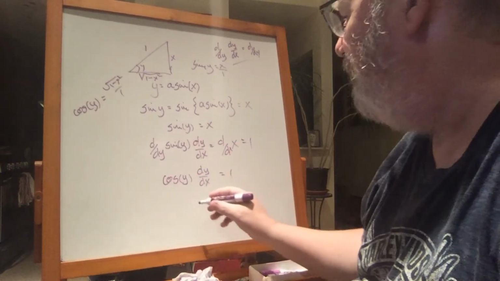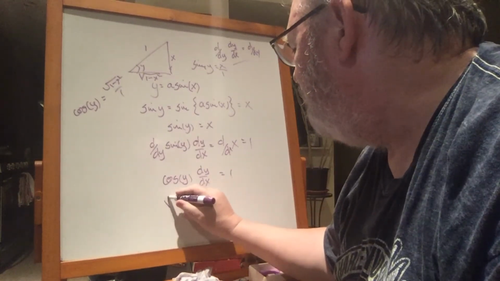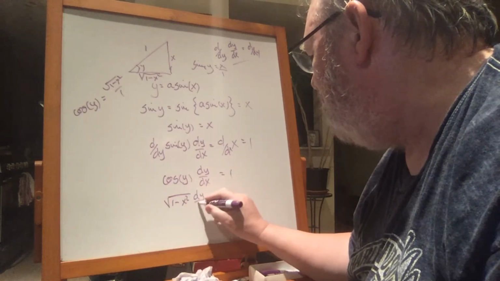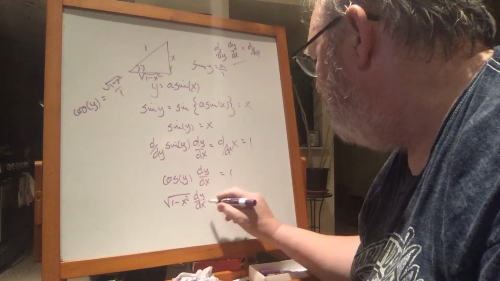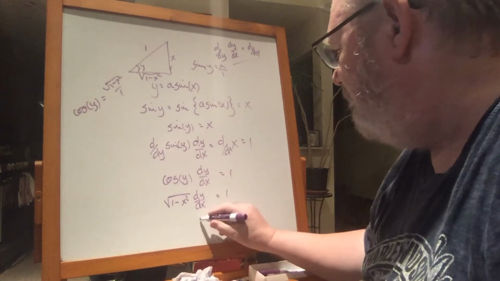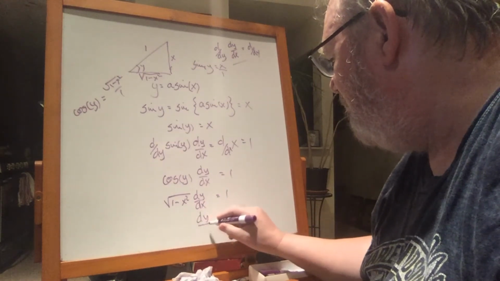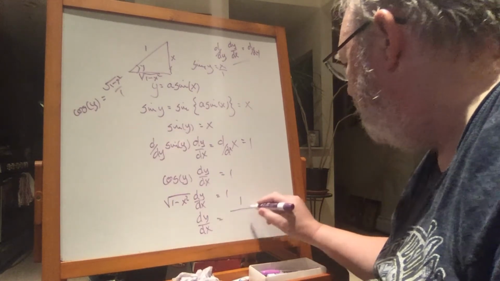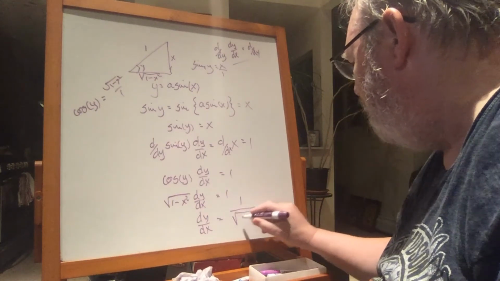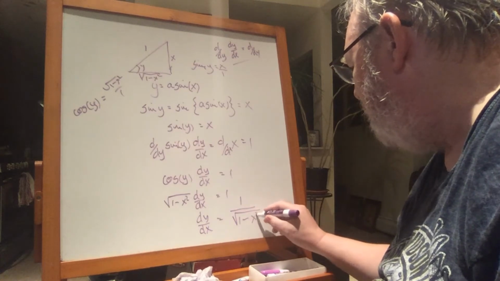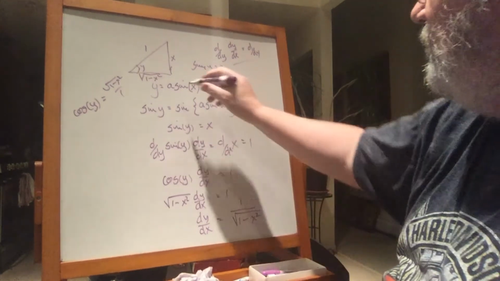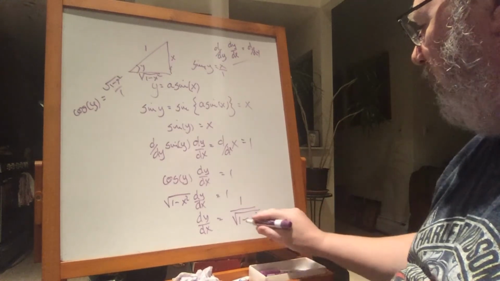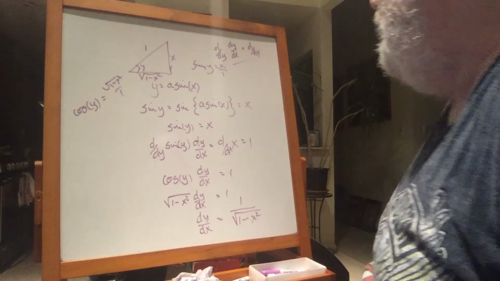And so we have the square root of 1 minus x squared times dy dx equals 1, and dy dx equals 1 over the square root of 1 minus x squared. So the derivative of the arcsine is 1 over the square root of 1 minus x squared.